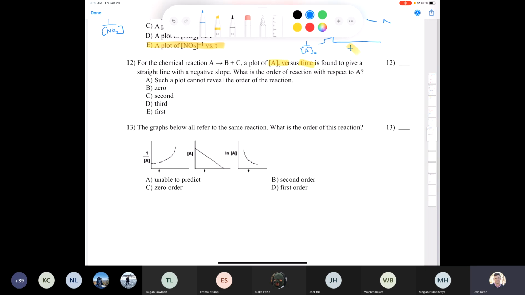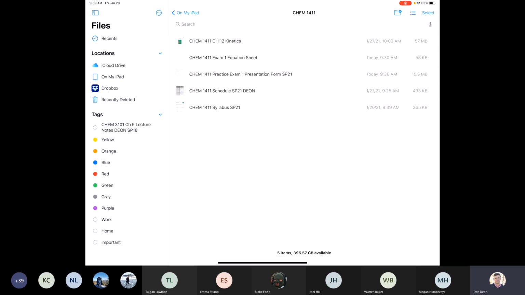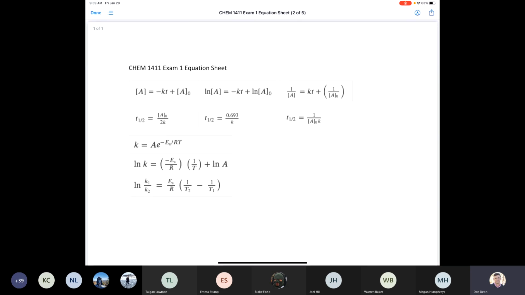We looked at this already in detail. And if you go back to our equation sheet, you see that for a zero order reaction, the integrated rate law is the concentration of A is equal to negative KT plus the initial concentration of A. That tells us, where's my pencil?